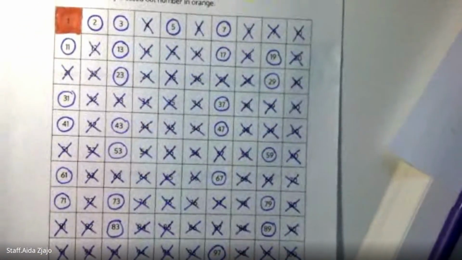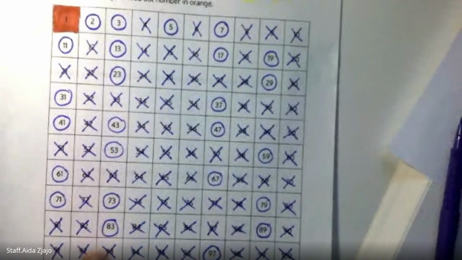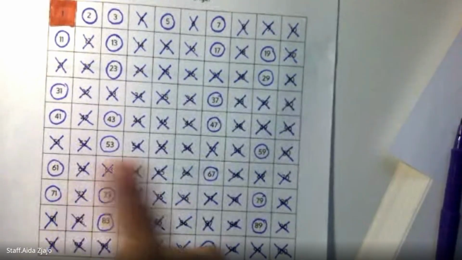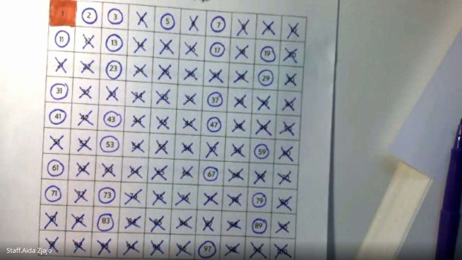So we have all these that we circle. Those are called prime numbers, and they are only multiples of themselves. 1 times 83 is 83, and there is no other way to make it, because they are not multiples of other numbers.